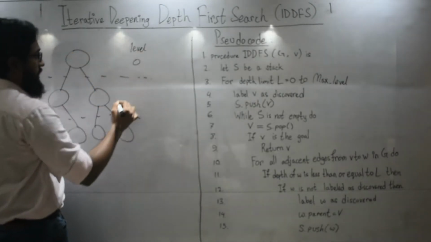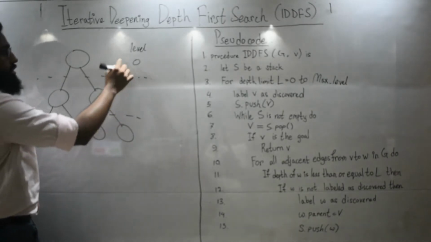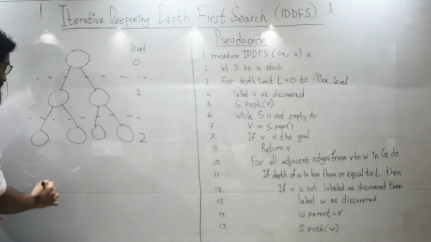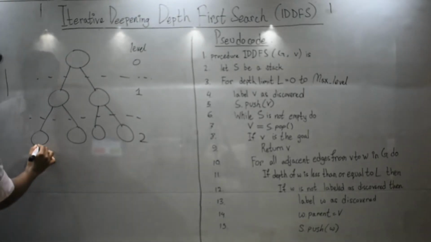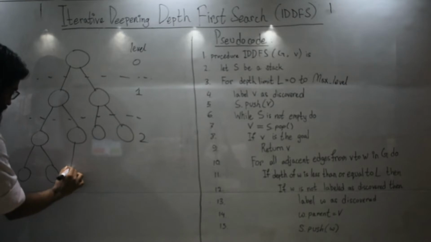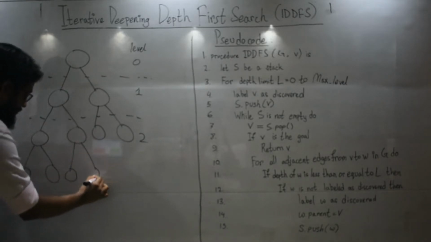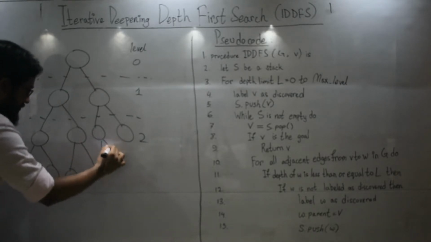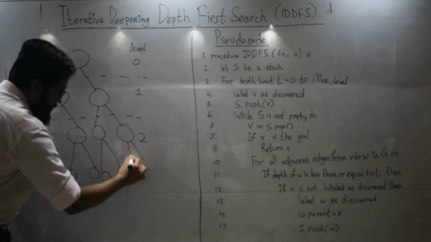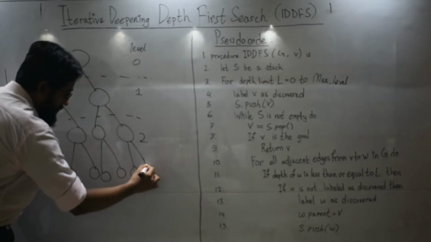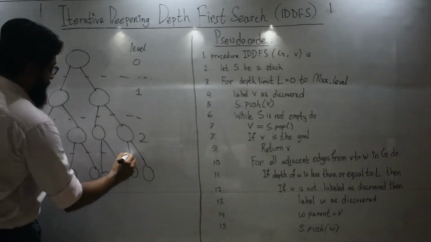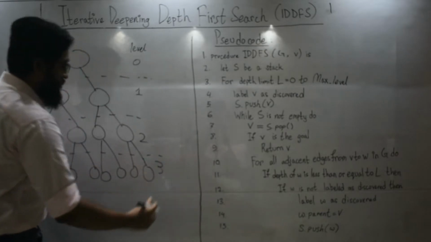Let's consider it has a level of 0. This one level of 1, this level of 2. Let's just add another one. And let's give it another level, 3.